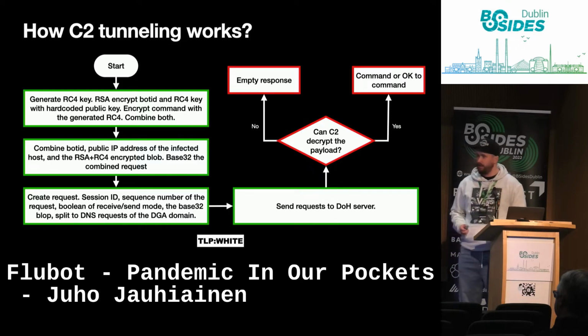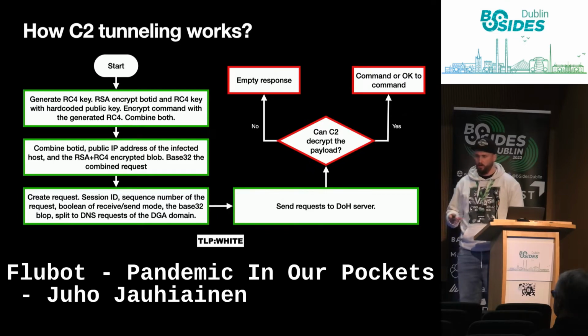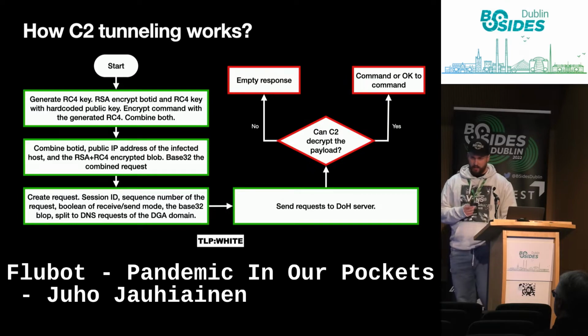So how does this C2 tunneling work? As I said, all the C2 traffic goes through DNS over HTTPS. I'm not going to read out those loads, but it basically makes a blob of data, which is encrypted and then encoded with base32.